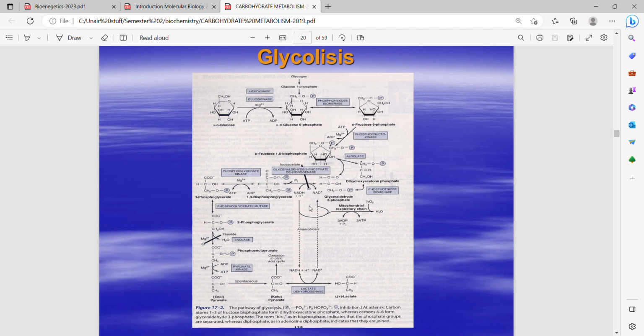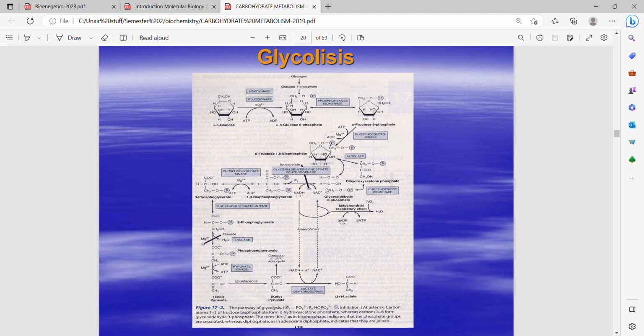Later the additional phosphate will be added into this molecule. Okay, so in order for the phosphate group to attach to this molecule, the hydrogen here has to be removed because there's no space for the phosphate group to attach if you don't remove it.